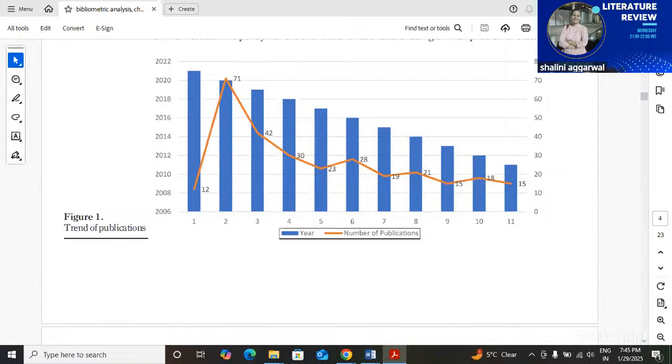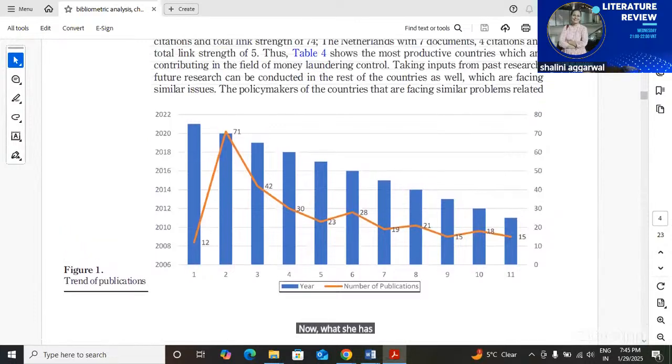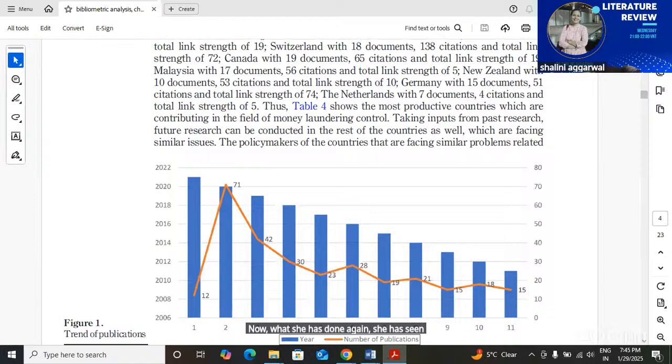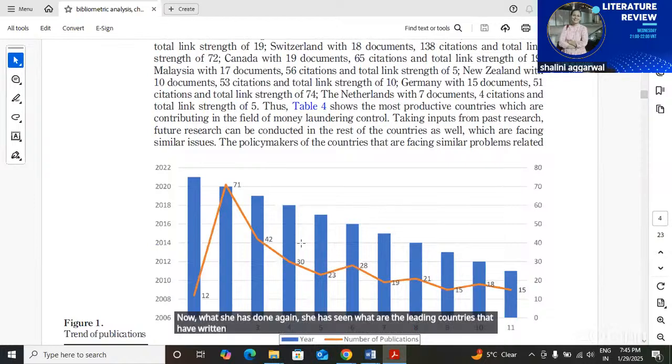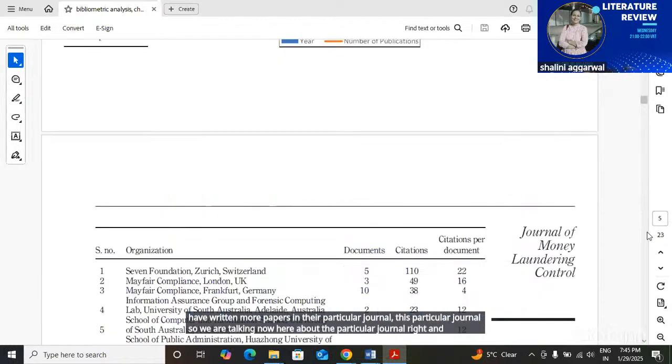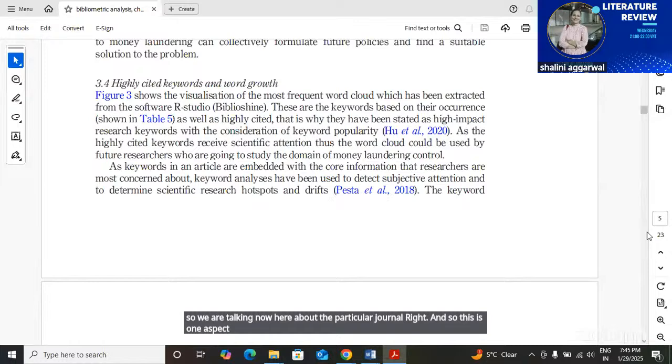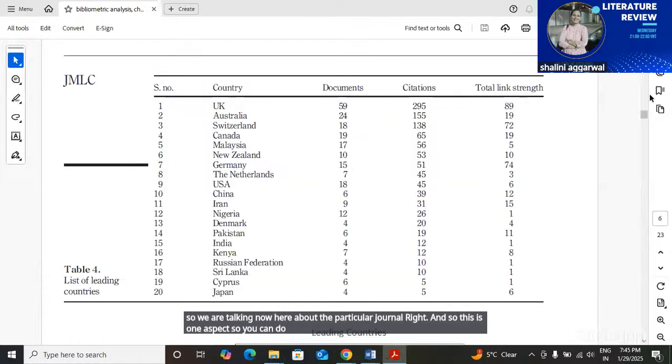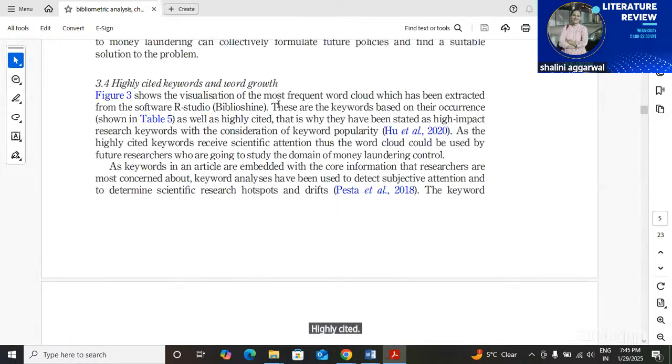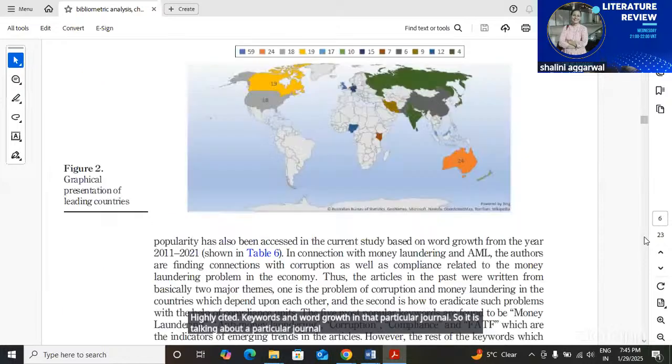Now what she has done, she has seen what are the leading countries that have written more papers in this particular journal. So we are talking here about a particular journal, right? This is one aspect. You can also look at highly cited keywords and word growth in that particular journal.